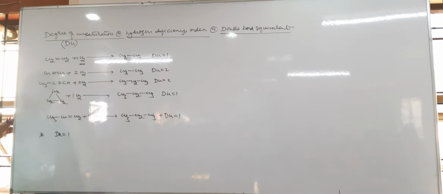If DU equals 1, it indicates the molecule may have one pi bond, nothing but one double bond, or one cyclic ring.